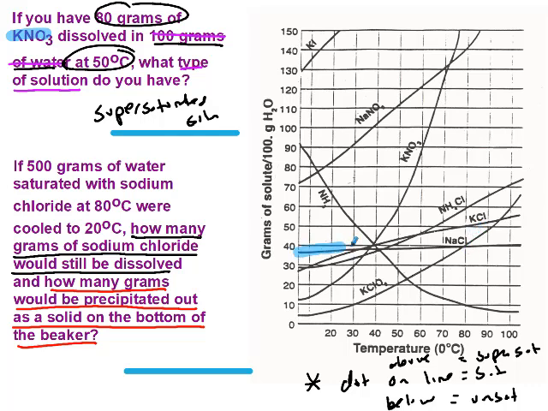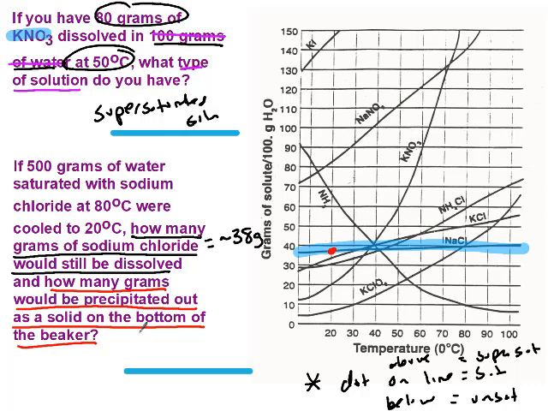So we're looking at the NaCl line. For the first question, it wants to know how many grams will still be dissolved. Well, at 20 degrees, we can dissolve about 38. So around 38 grams will be dissolved at 20 degrees.